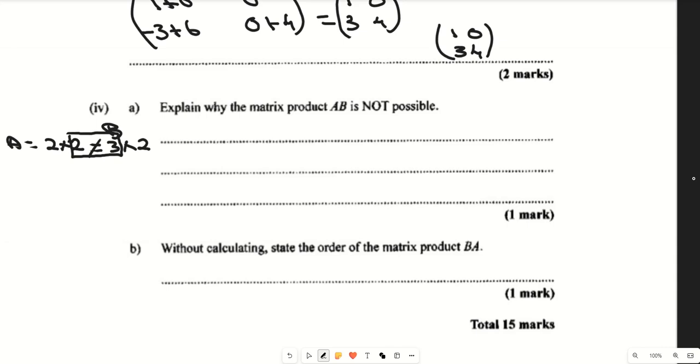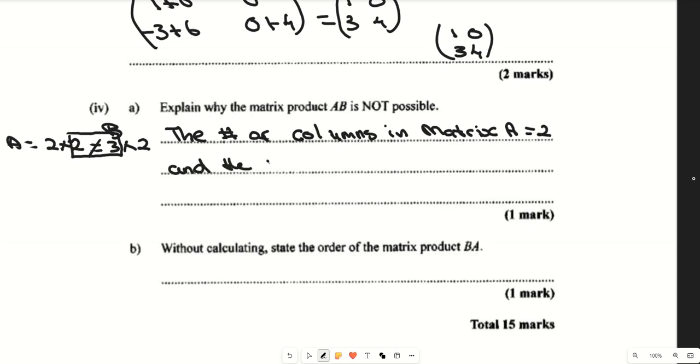So that is exactly what you see. The number of columns in matrix A is equal to 2, and the number of rows in matrix B is equal to 3.